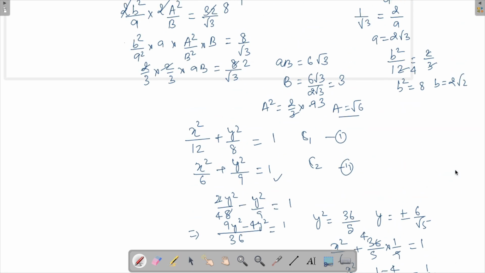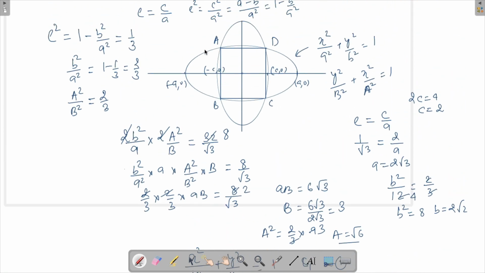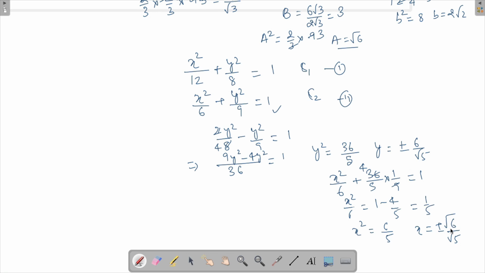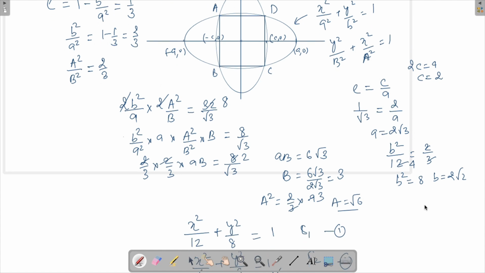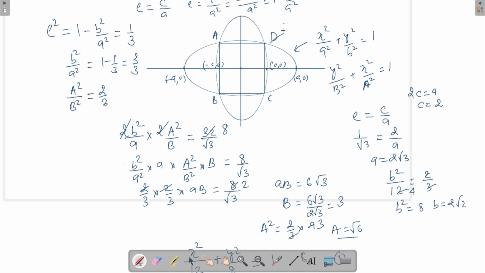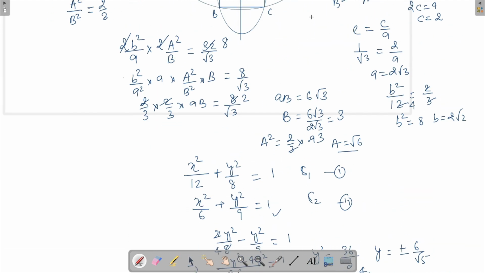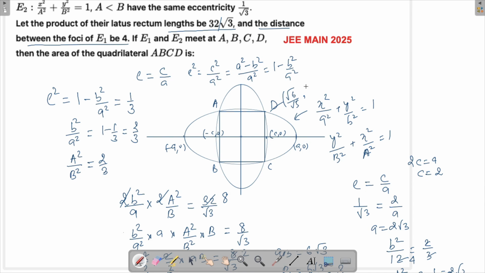So what I've got is, as you can understand, all these points are making a rectangle. This point has the coordinates root 6 upon root 5, comma 6 upon root 5.